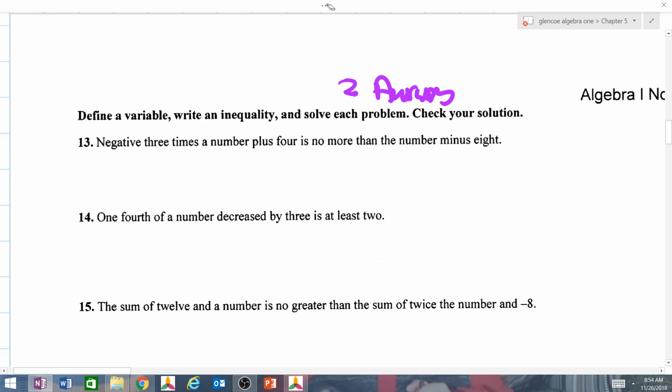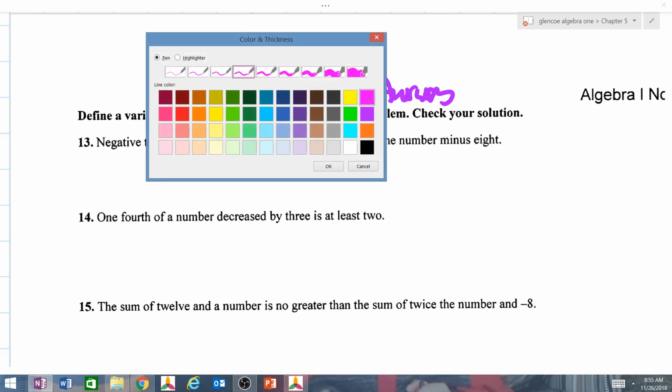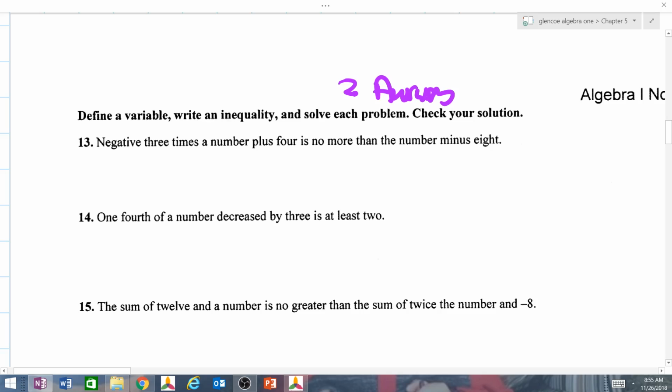So here we go. Negative 3n times a number plus 4 is no more than n minus 8. Subtract n from each side. Yes? Subtract 4 from each side.